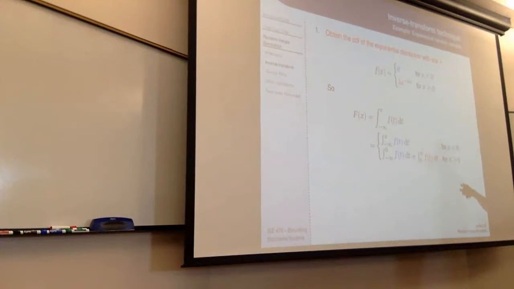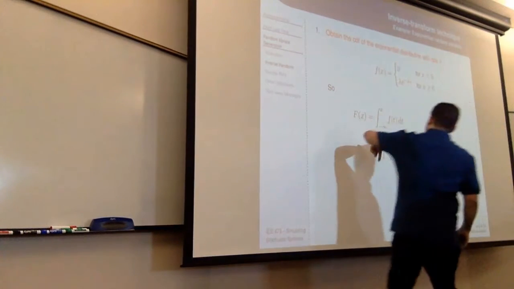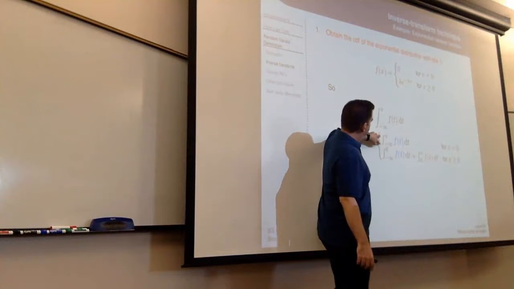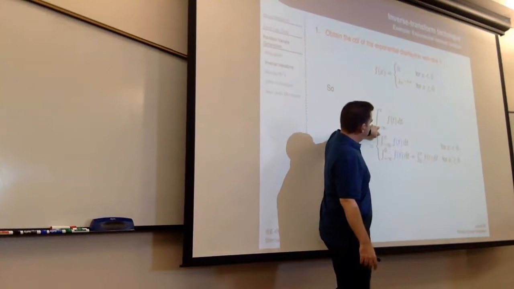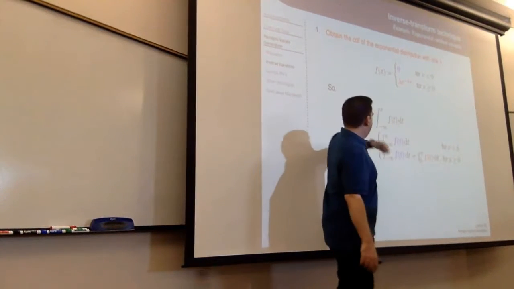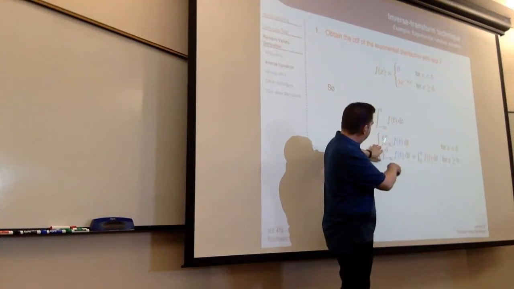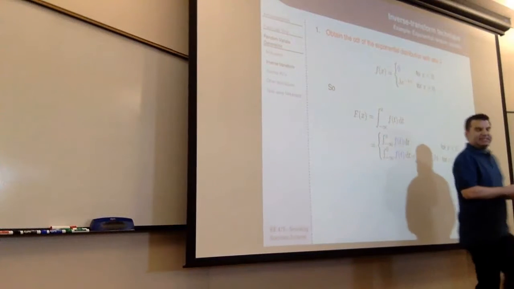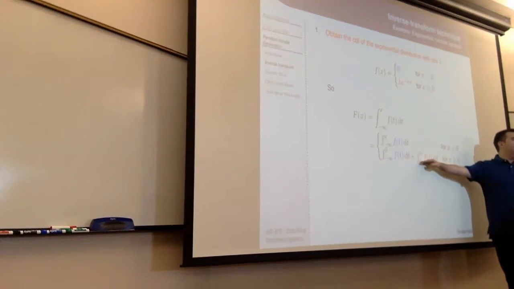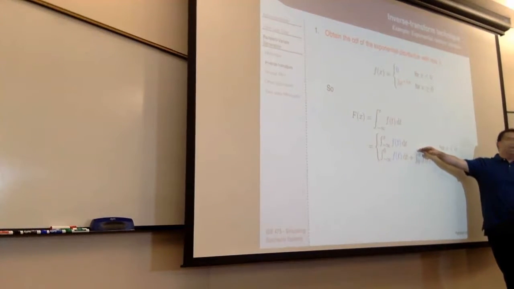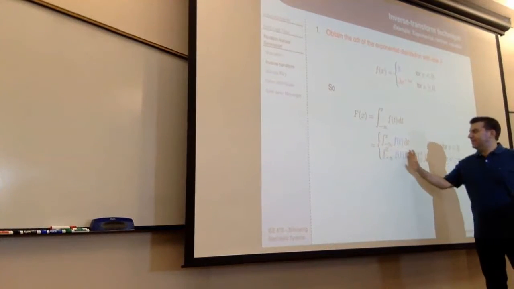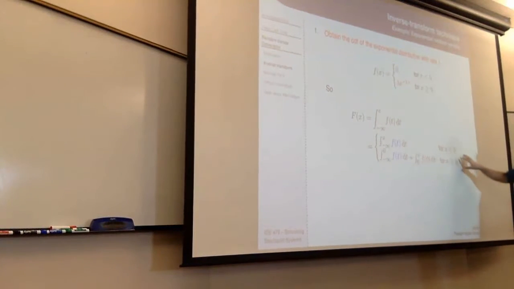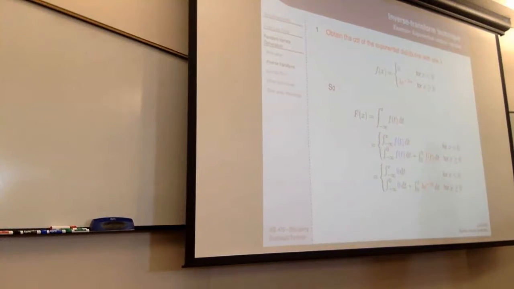So when I calculate my CDF, I have to break it into two pieces: the negative infinity to x piece for x less than 0, which goes all the way up to 0, plus this other piece which picks up at 0 and takes it the rest of the way. Fortunately, this first piece is going to end up being 0, so we'll only have to worry about the second piece, but we're not always that lucky.